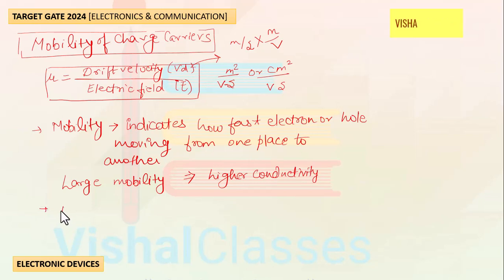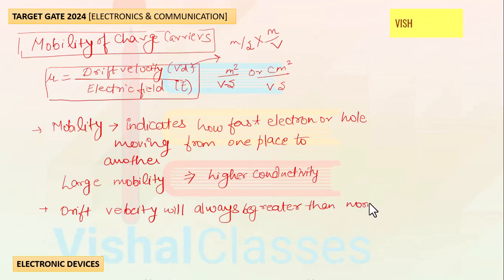Also write, drift velocity will always be greater than normal velocity.